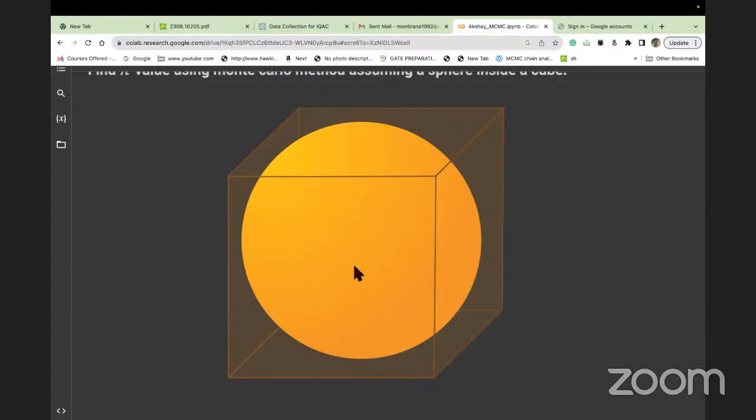Okay. So see, when we are creating random variables, a random variable might be coming from some distribution.